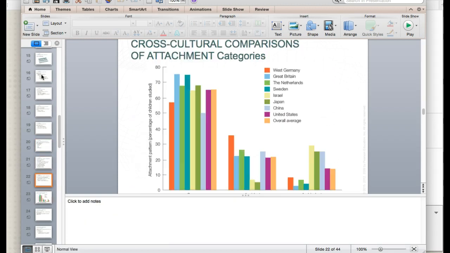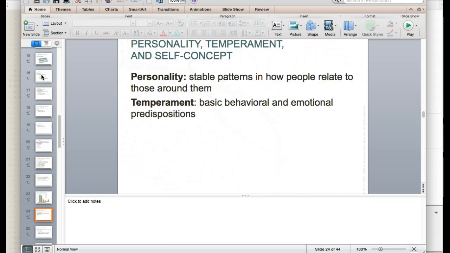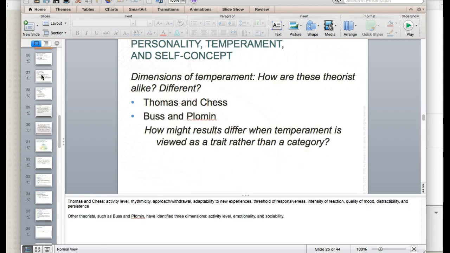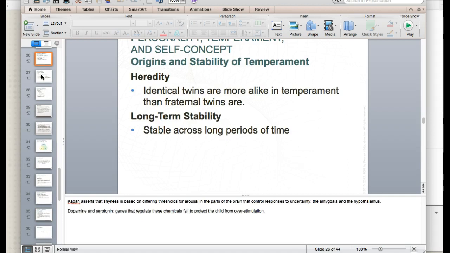This talks more about attachment, and you guys can read over that. So origins and stability of temperament. For instance, heredity. It's said that identical twins are more alike in temperament than fraternal twins are. So if you have two identical twins, their personality and their temperament should be the same.